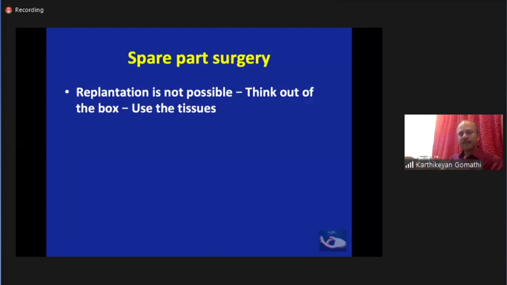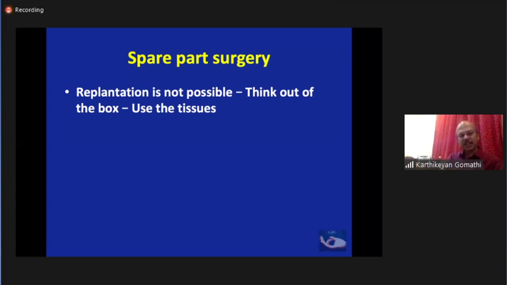So now we have taken a decision that we're going to replant. We have seen the patient, we have seen the amputated part, and we have seen the stump and decided it is good. Or sometimes we come across situations where replantation is not possible. Even then, you have to think out of the box whether it is possible to use the tissues that are present there to somehow do some closure of the stump or help this patient.